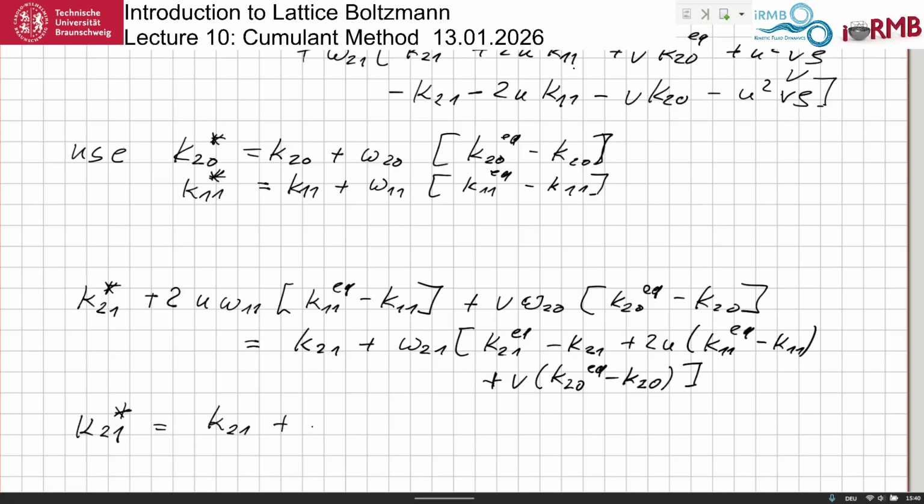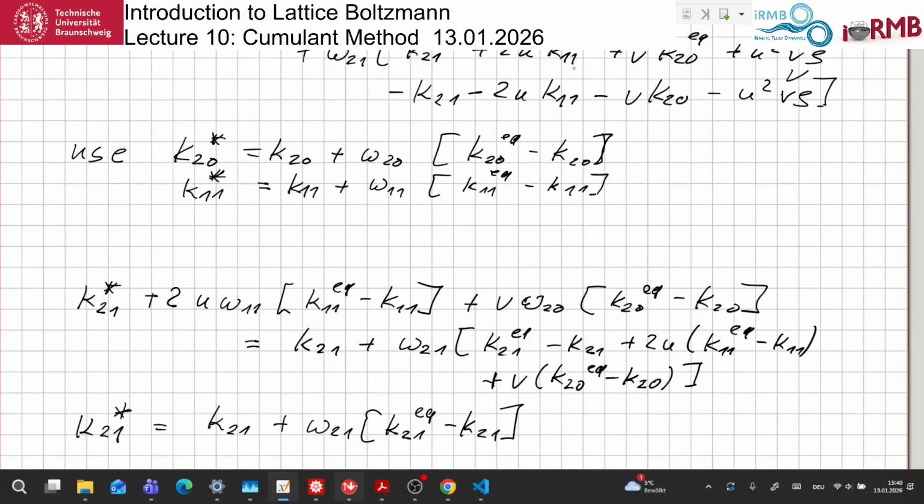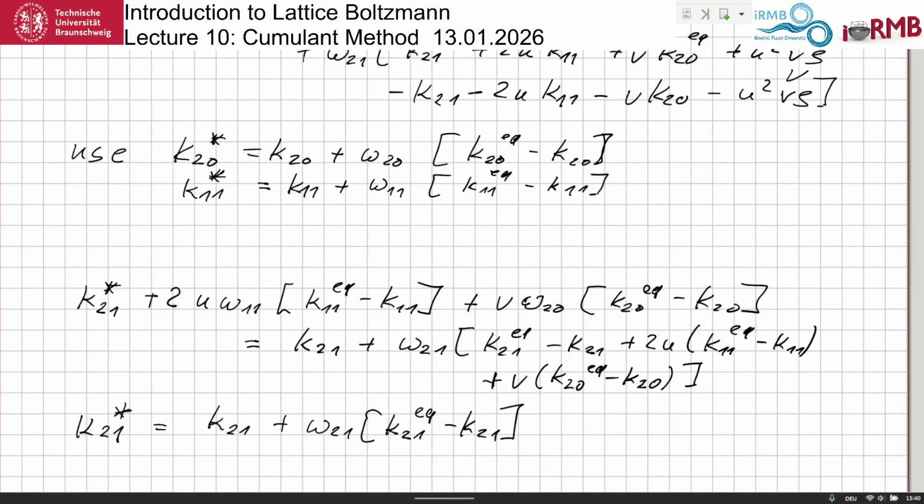So I have omega 21 (K21 equilibrium minus K21). I write it like this because this is what I want to have. This is what I would have if I did the collision in the Lagrange frame, so if I did it with central moments instead of raw moments, that's what I would get.